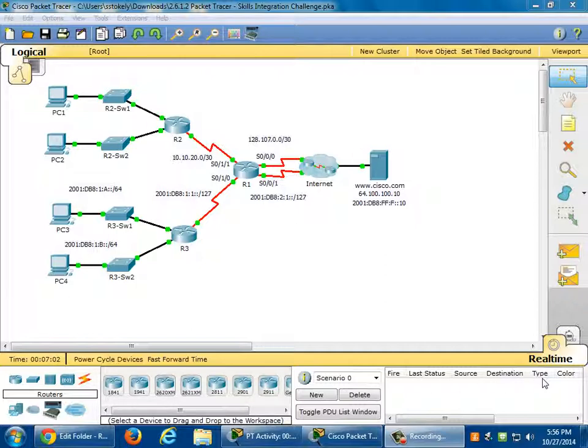So, with that being said, what is my default route for an IPv4 address? It's IP route 0.0.0.0 0.0.0.0 out my exit interface or my next hop.